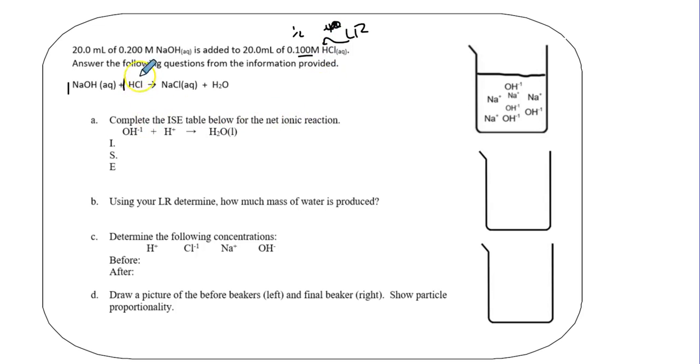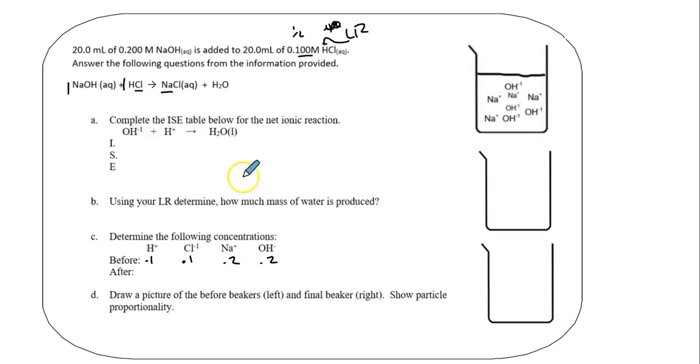I have 0.2 molar of each, so 0.2 molar, 0.2 molar, 0.1, and 0.1. That's where I'm getting these from. Spectators would be the sodium as spectator and the chlorides as spectator. Those are my 2 spectators, by the way.